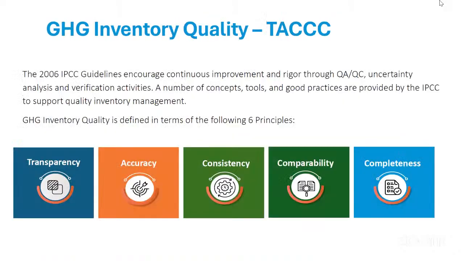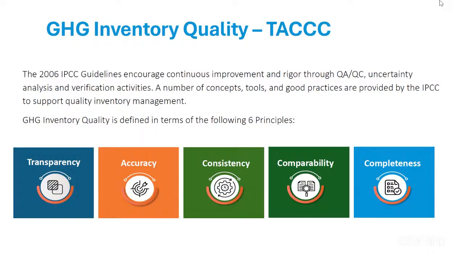Now, for any inventory that you intend to do, it is based on five principles, following the IPCC principles. These are the principles that guide and ensure that there is some kind of standard in any inventory that is recorded, right? So the first is transparency, then accuracy, consistency, comparability, and completeness.